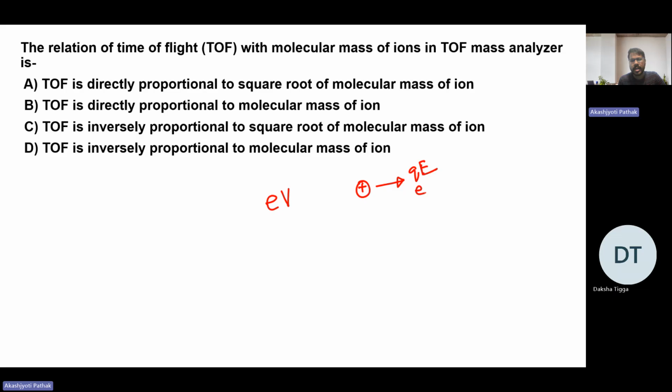So you can also write it as E into V, the potential difference between the two electrodes. So E into V will be equal to half m v squared, because it is accelerated through that potential. Now your time of flight will depend on what? It is equal to distance by v.